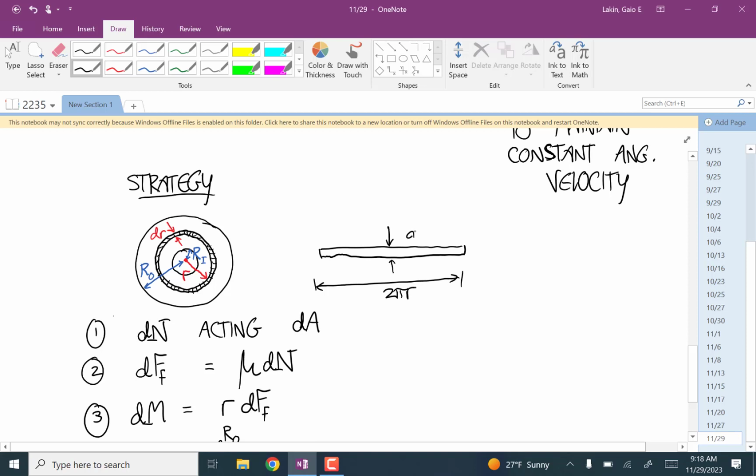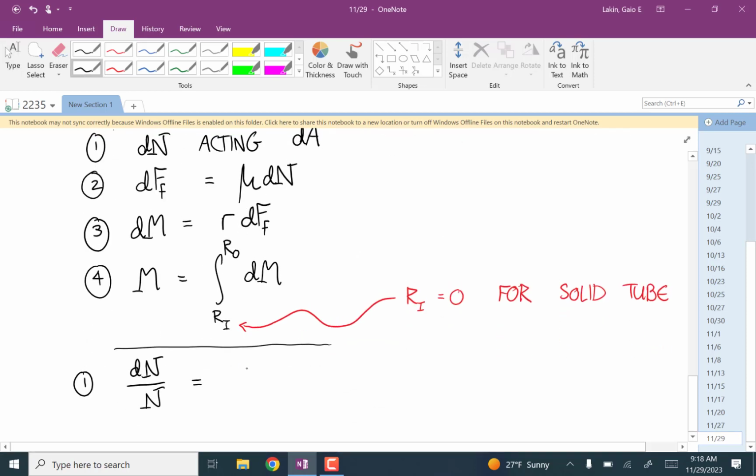The thickness is dr. And so dA over the total area in contact with the ground is 2 pi little r, because we're doing this for that infinitesimal ring, dr over pi times the quantity R outer squared minus R inner squared.